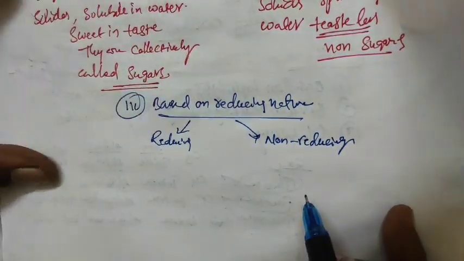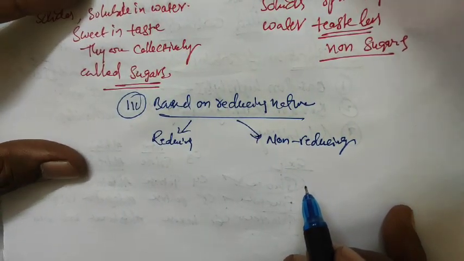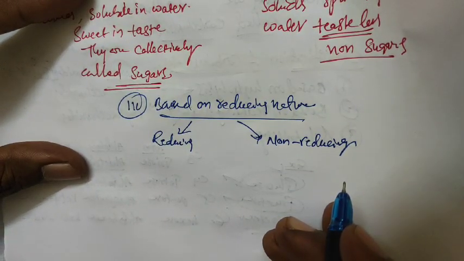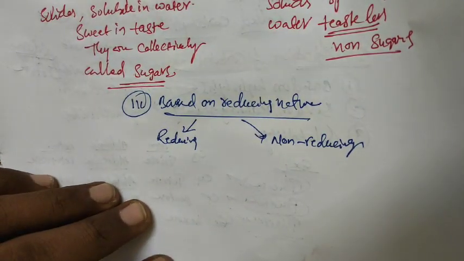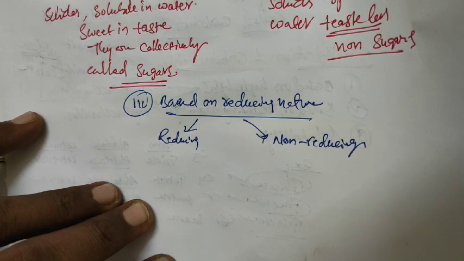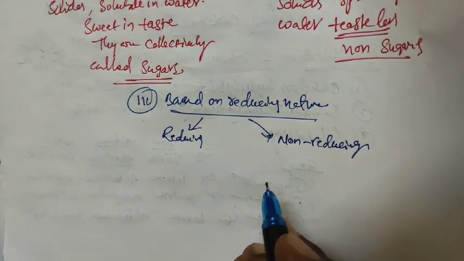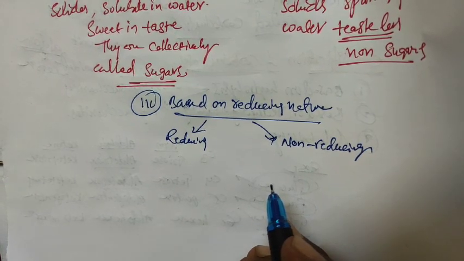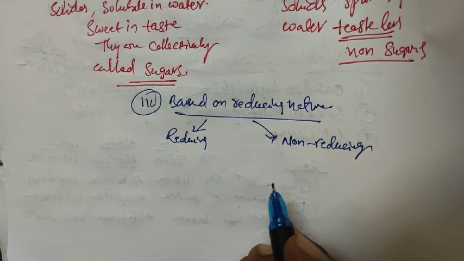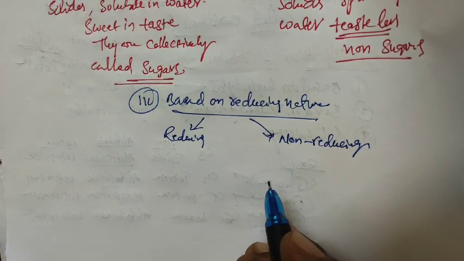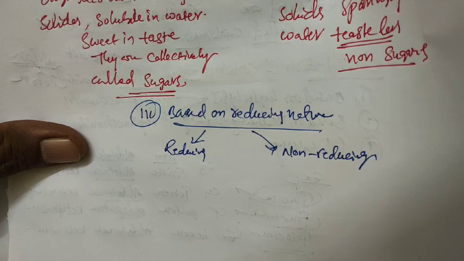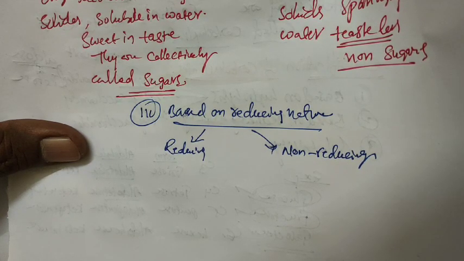Reducing means aldehydes and ketones. Reducing sugars are those which reduce Fehling's and Tollens' solution and give a positive test. Aldehydes or ketones give a red precipitate with Fehling's solution. Tollens' reagent is ammoniacal silver nitrate, and it also gives a positive test. So what are reducing sugars?